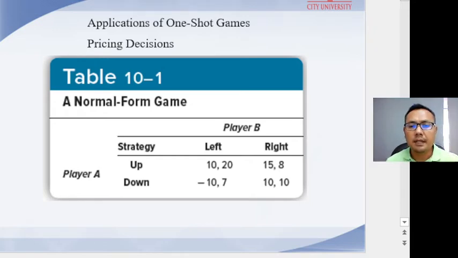Therefore, I should not choose my secure strategy, right, but instead choose left. Assuming player A indeed chooses the dominant strategy up, player B will earn 20 by choosing left, but only 8 by choosing the secure strategy on the right.